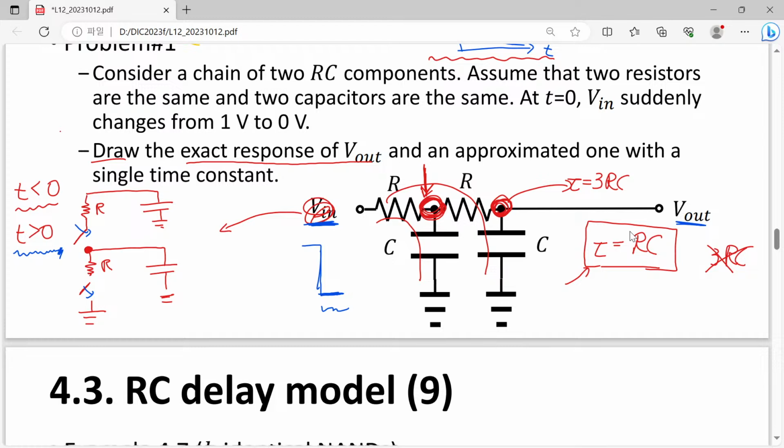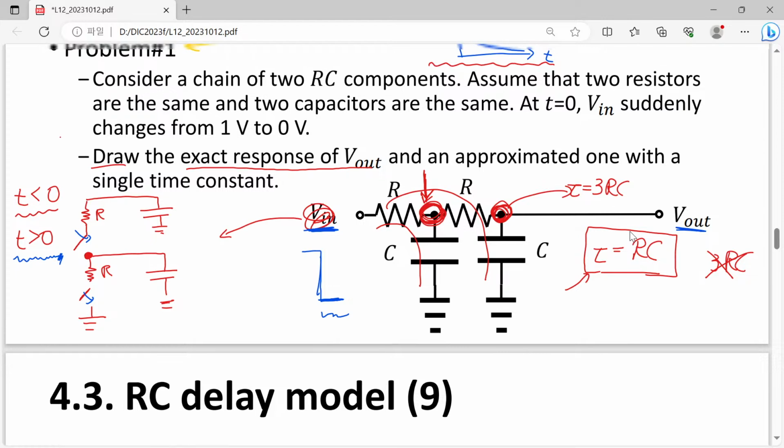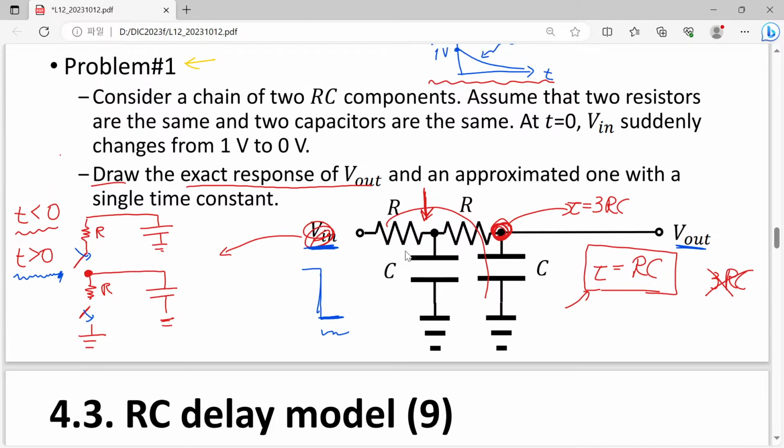All kinds of this confusion come from our approximation. The system itself is a complicated system, but we just introduced a simple approximation. That's the reason why we have a little counterintuitive result.